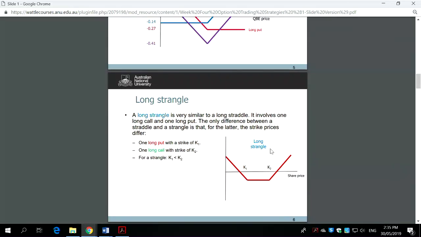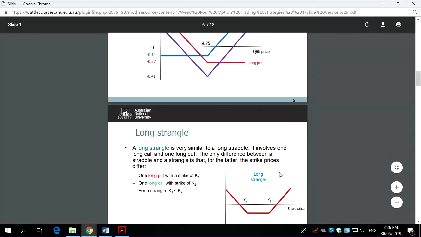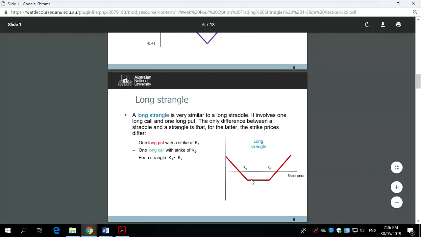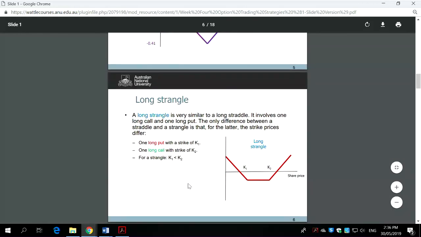Now, instead of buying the at-the-money call or at-the-money put, you're buying an out-of-the-money call and out-of-the-money put. What that does to your strategy is that it lowers the premium that you spend on the options. So that's why we have a flat bottom here instead of a pointy bottom here. So that further reduces the maximum loss that's going to be incurred by you.